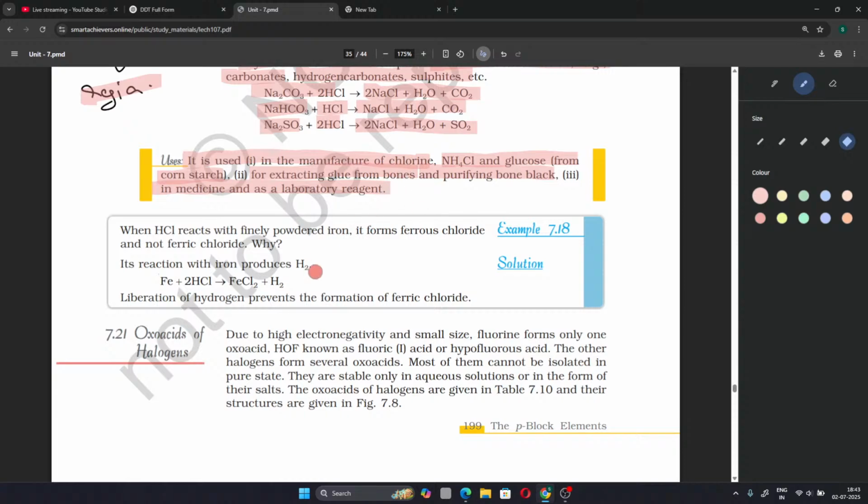Even though HCl also has a very high dissociation constant, comparing HCl and H2SO4, the uses of HCl are comparatively less than H2SO4.